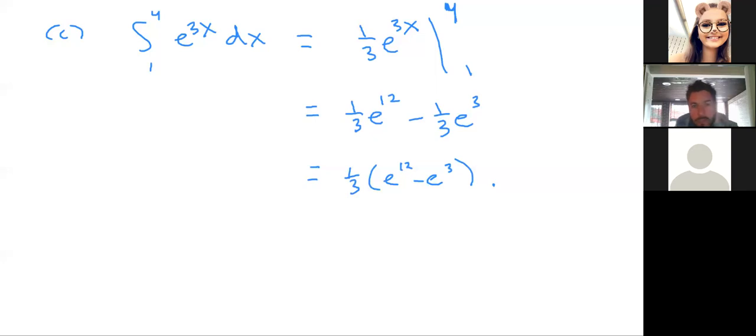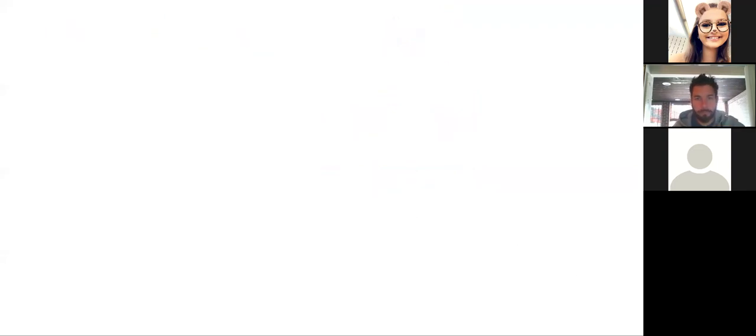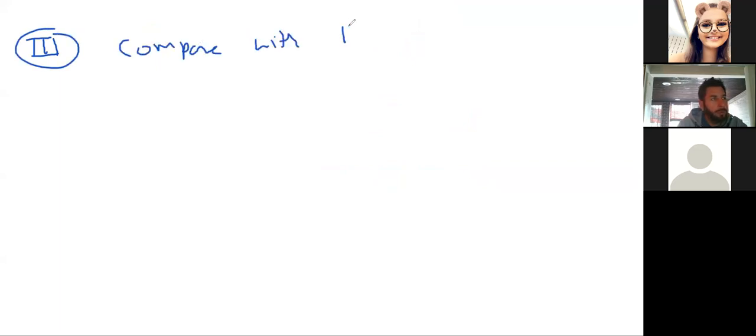And then we'll move forward. Okay. So now let's look at using the other part of the fundamental theorem. So compare these guys with number 3.